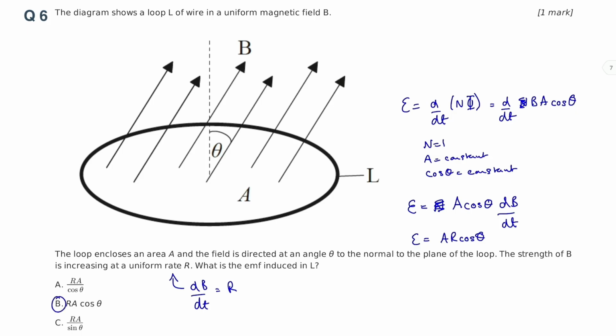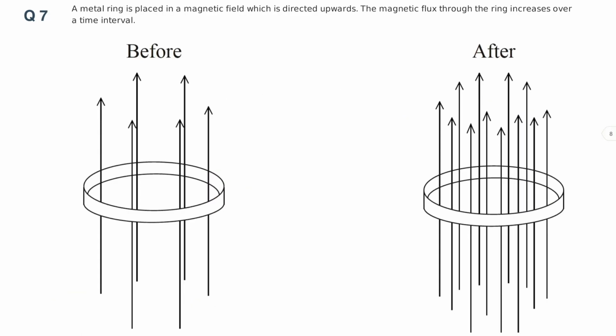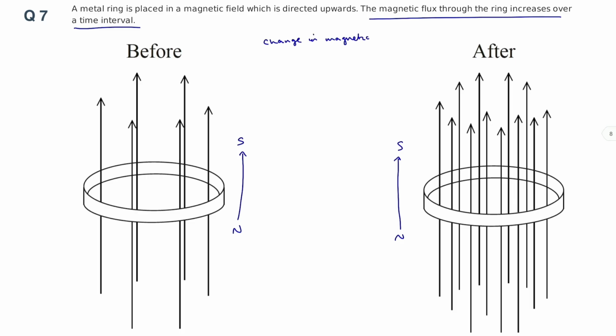Yep. B. A metal ring is placed in a magnetic field which is directed upwards. The magnetic flux through the ring increases over a time interval. So that last sentence tells us that there is a change in magnetic flux linkage with time.